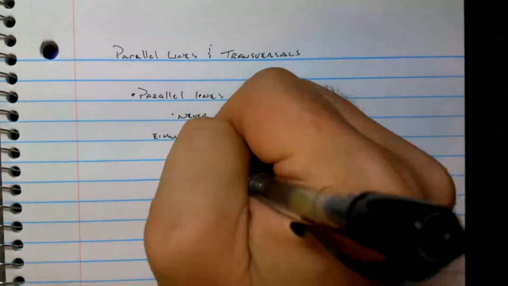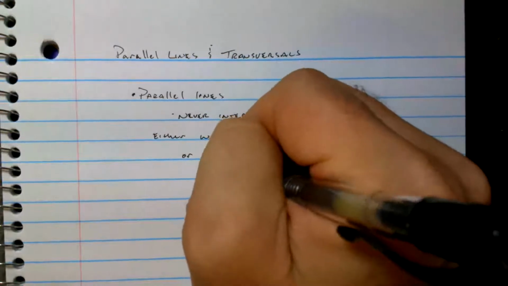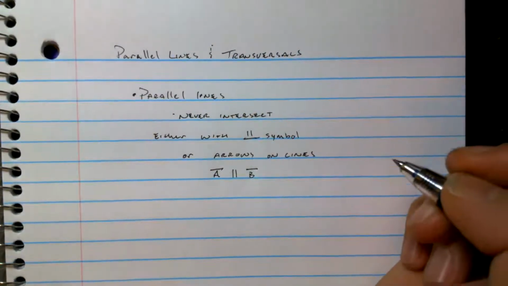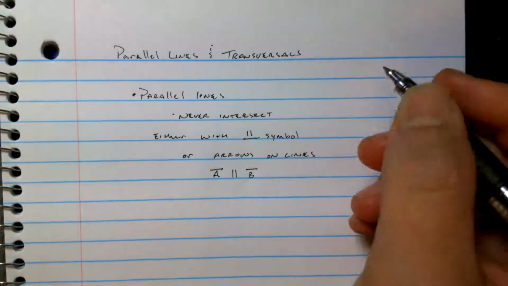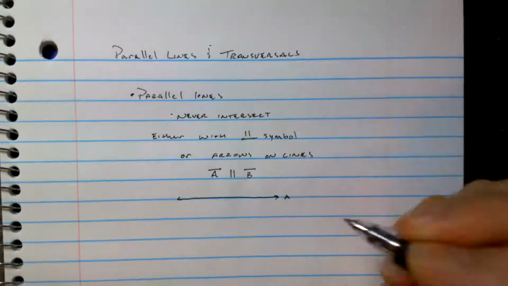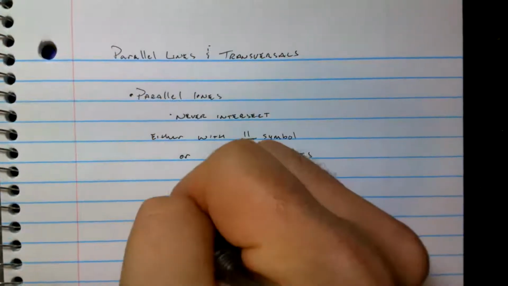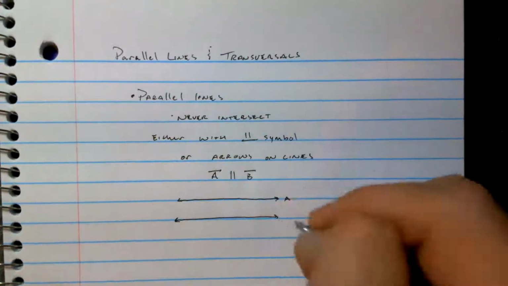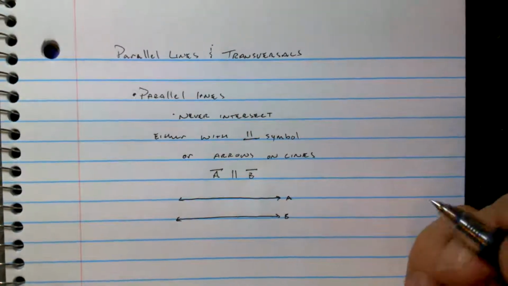Okay, so for them to say line A is parallel to line B, that means A and B are parallel to each other. So there is line A, which means line B would have to run parallel to it, meaning it's never going to intersect.